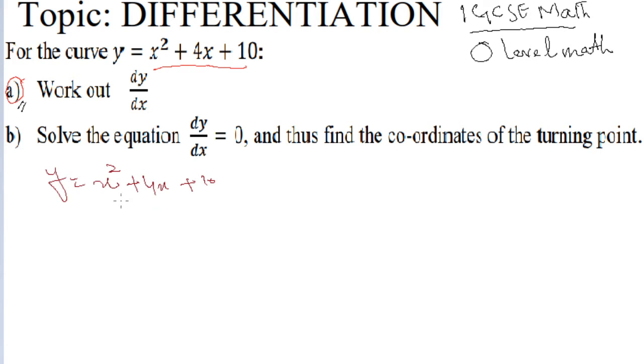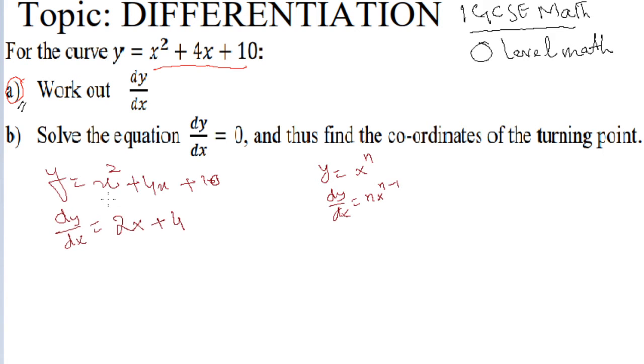Now how to get the derivative? Work out dy dx. How to get dy dx? dy dx is 2x plus 4, which according to the rule, I said a few seconds earlier, dy dx is equal to n x power n minus 1.